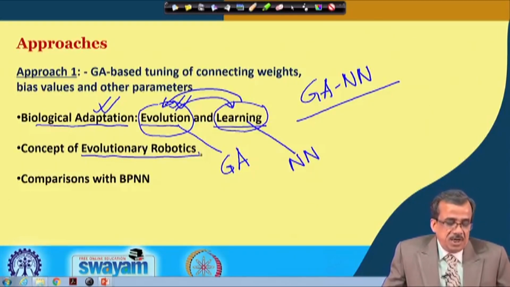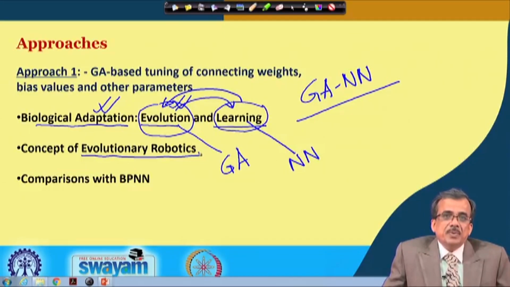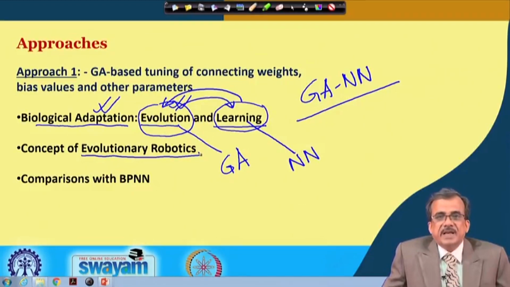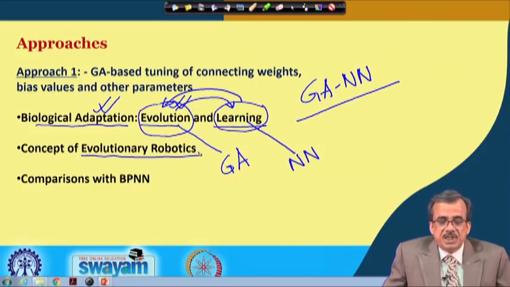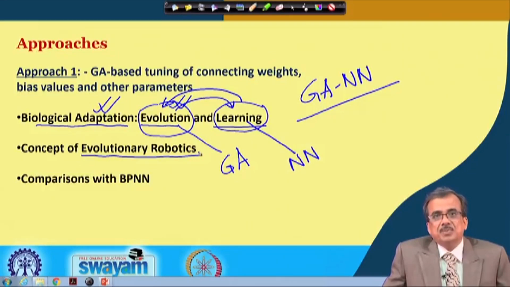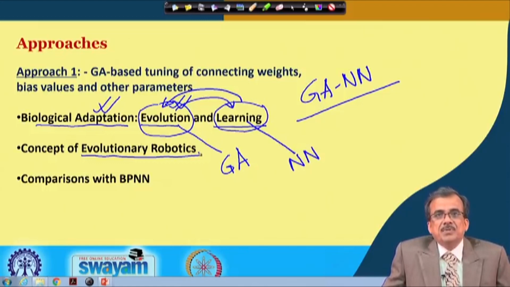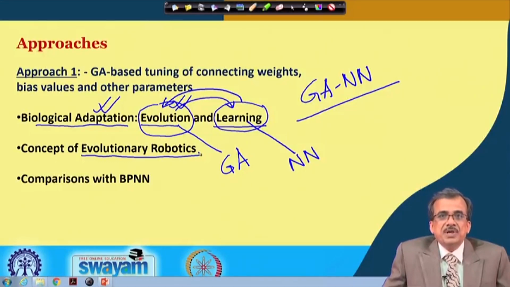In evolutionary robotics, the main aim is to evolve a suitable motion planner or adaptive controller, instead of going for the direct design of the controller or the motion planner. Here we use the principle of evolution instead of direct design.